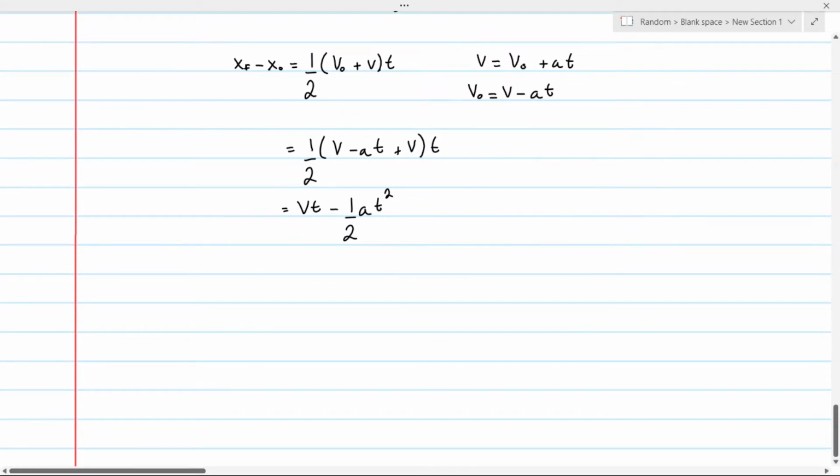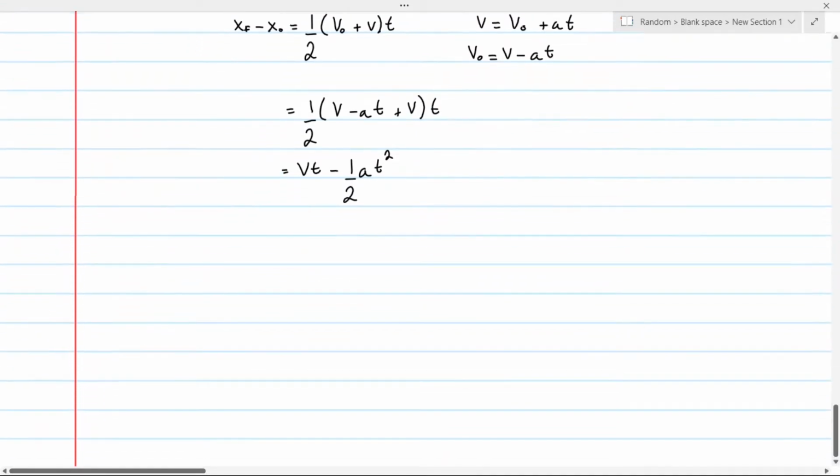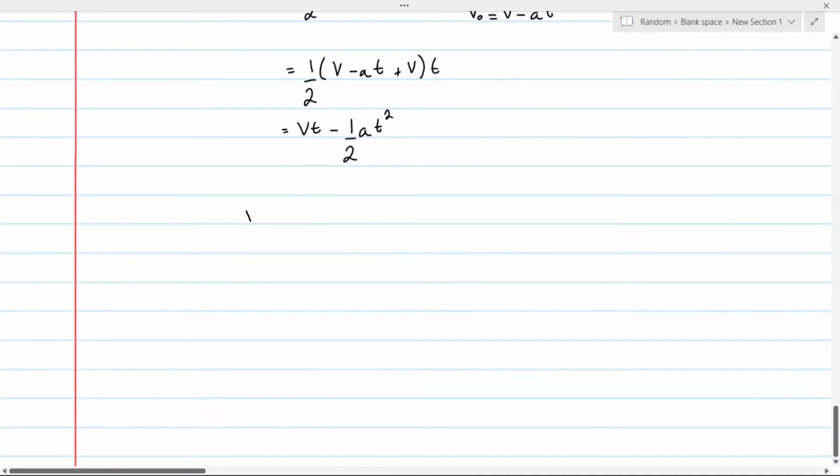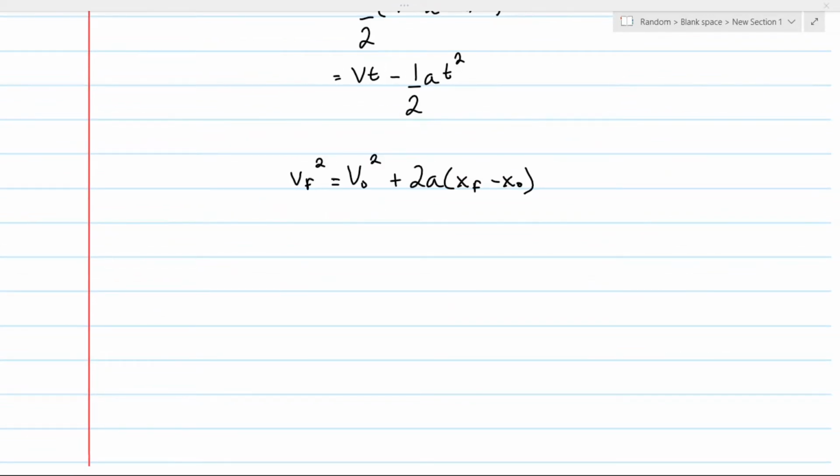The next equation to work out is this one. To derive this equation, I will use two other equations we've worked with so far.